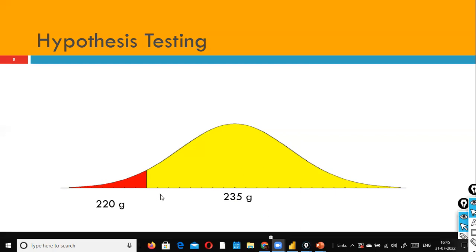For example, your company is a very reputed one. You don't want to spoil the reputation. And as a quality inspector, you want to pass this test, because you don't want to spoil the reputation of the company. If it is 220 gram, you are a little bit liberal now. Even if there is a 15 gram difference, let it be there.